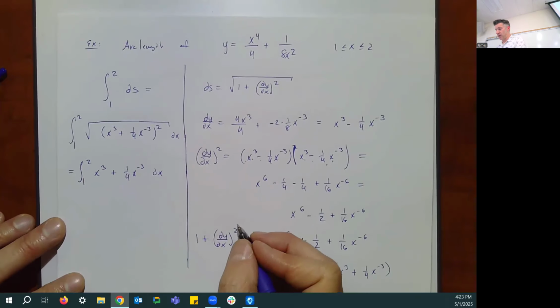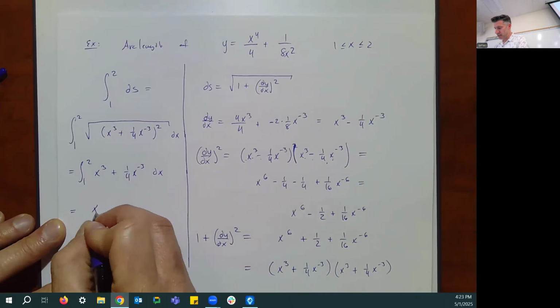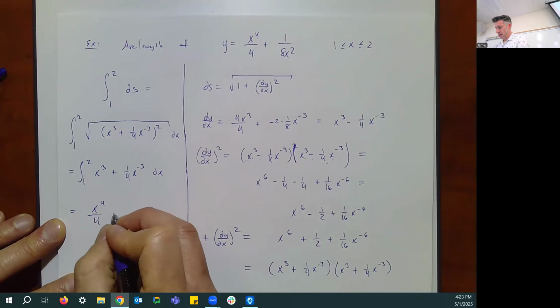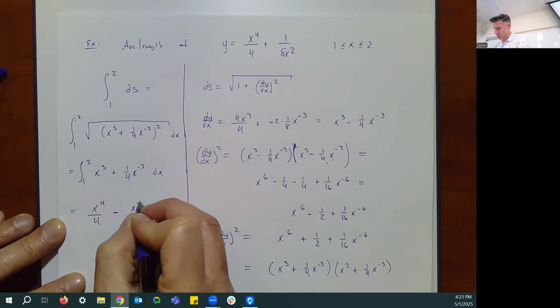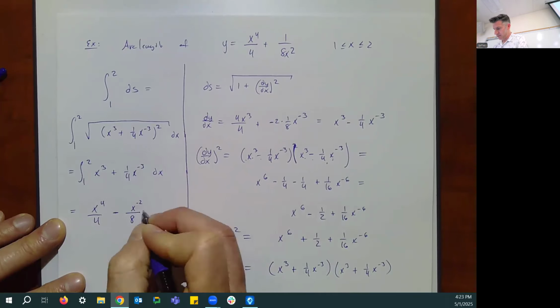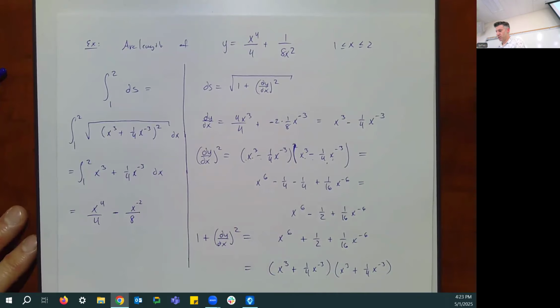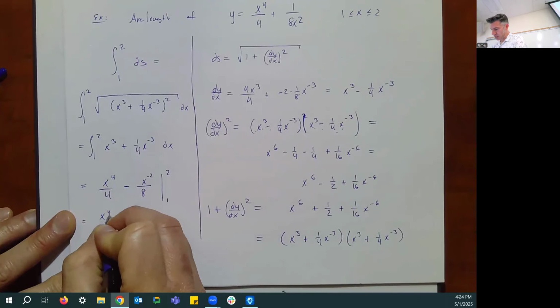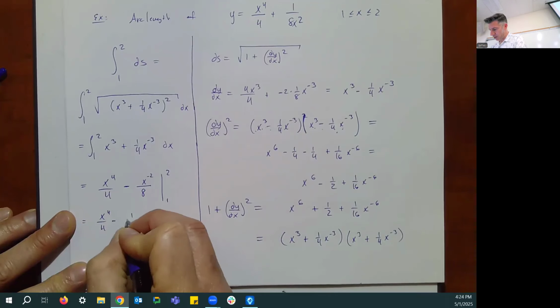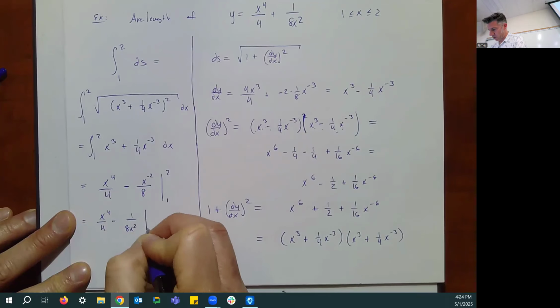Now we anti-differentiate, and we get x to the fourth over 4 minus x to the negative 2 over 8, evaluated from 1 to 2. Or if you prefer, x to the fourth over 4 minus 1 over 8x squared, from 1 to 2.